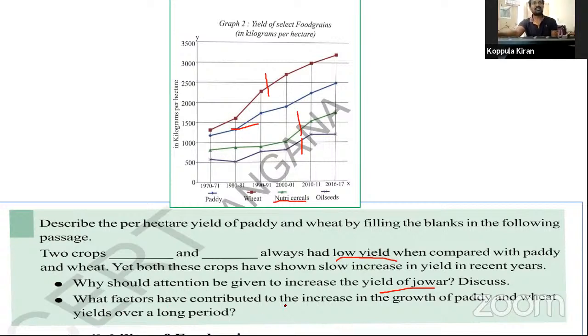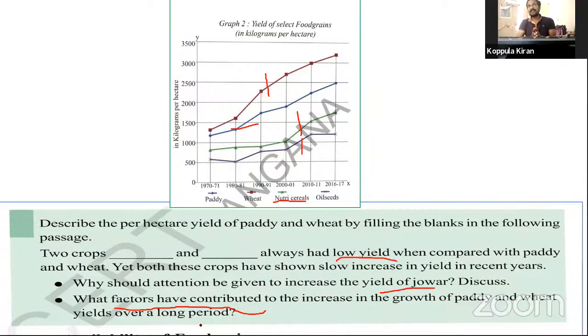What factors have contributed to the increase in the growth of paddy and wheat yields over a long period? Okay, so these factors have contributed to the increasing growth of paddy and wheat over a long period. How can we keep producing paddy and wheat over a long period?